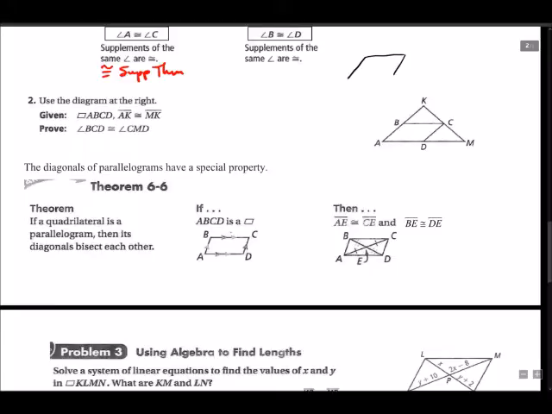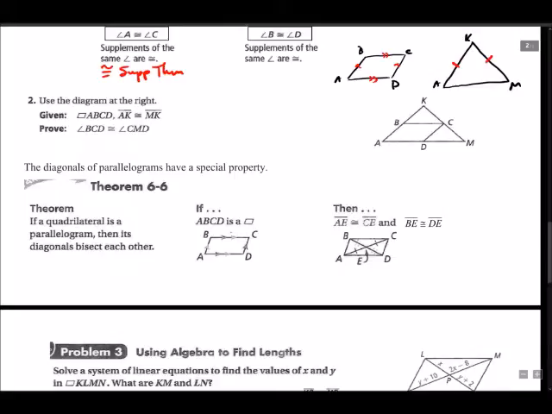First, I'm going to draw my parallelogram, A, B, C, D. And we're working with a big triangle here, A, K, M. And we are told that this is a parallelogram. So we can mark our sides parallel. And we are told that segment AK is congruent to segment MK.